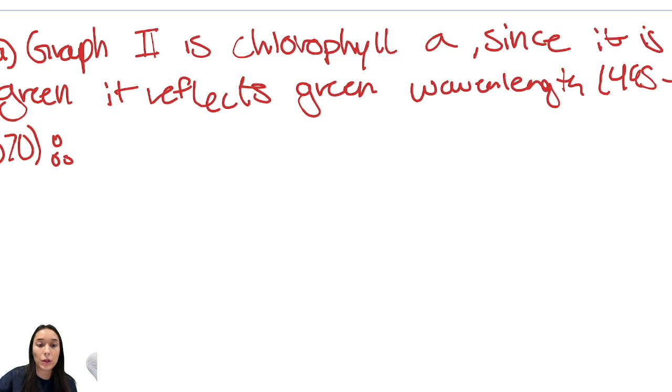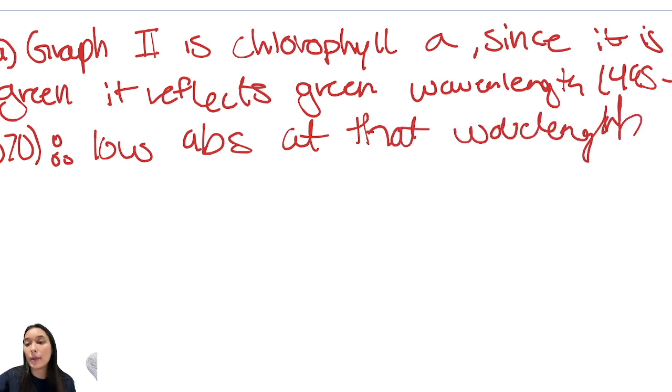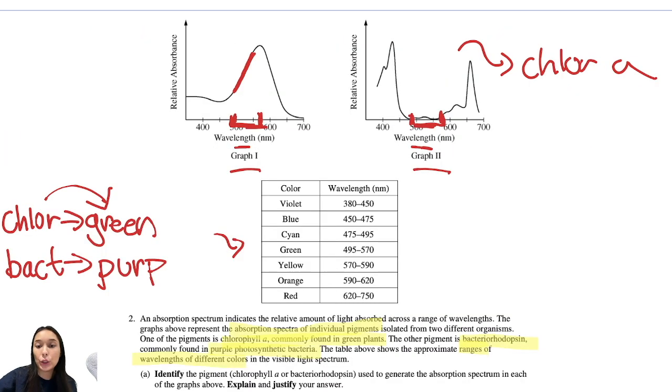And then therefore low absorbance at that wavelength. You could also say that it absorbs blue and purple, and it also absorbs red and orange. So it should be absorbing those, hence why you have a large absorption here and a large absorption there. You could use either way. It explains the same thing.